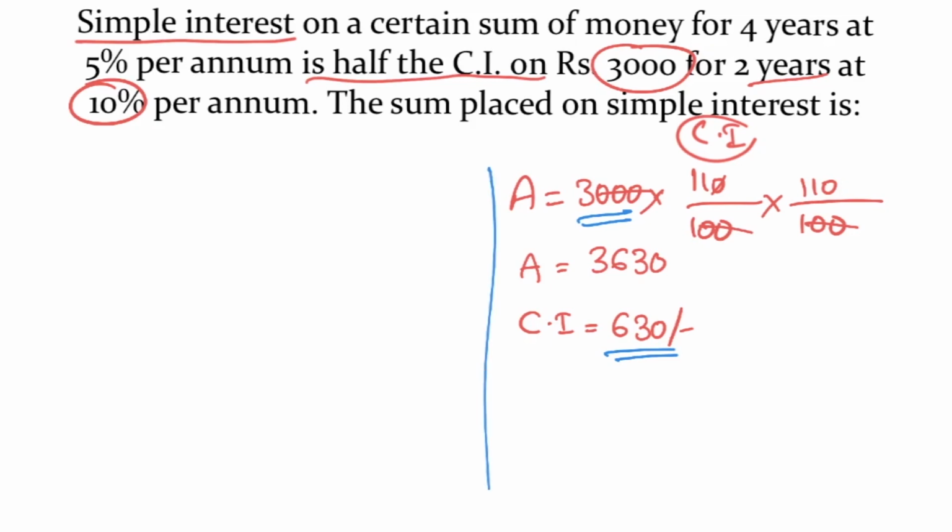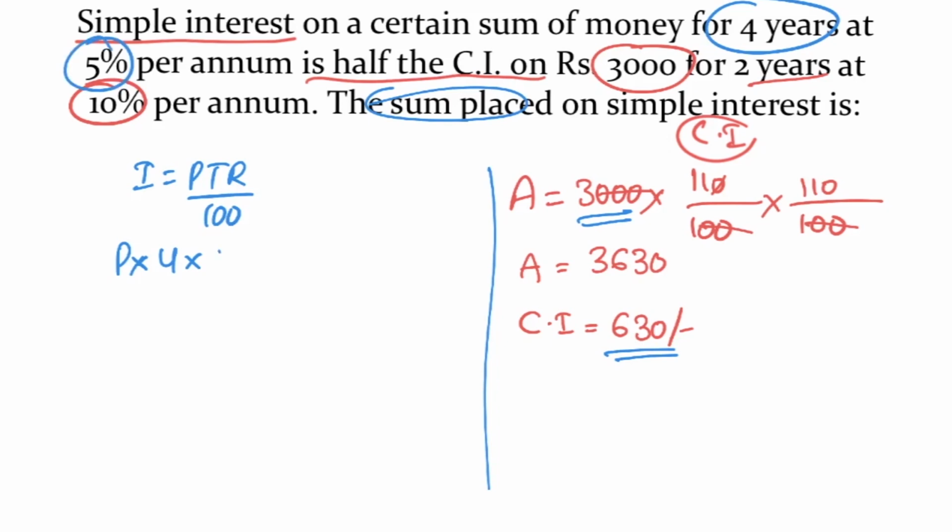Now, we need to find sum placed on simple interest. Using the formula I is equal to PTR by 100, P is required, time period 4 years, rate of interest 5% divided by 100. Given simple interest is half of compound interest, half of 630.